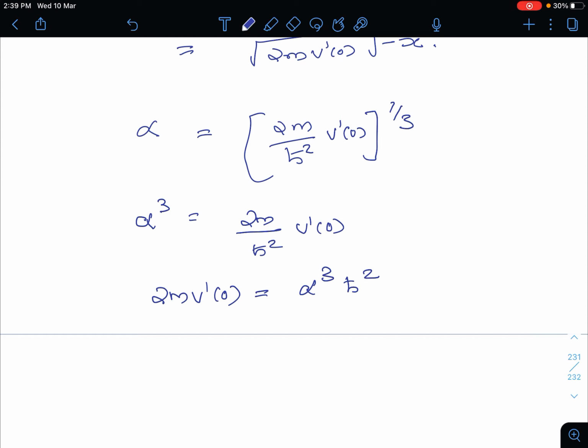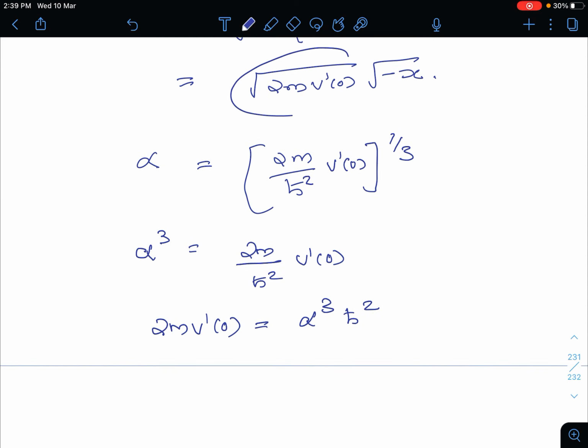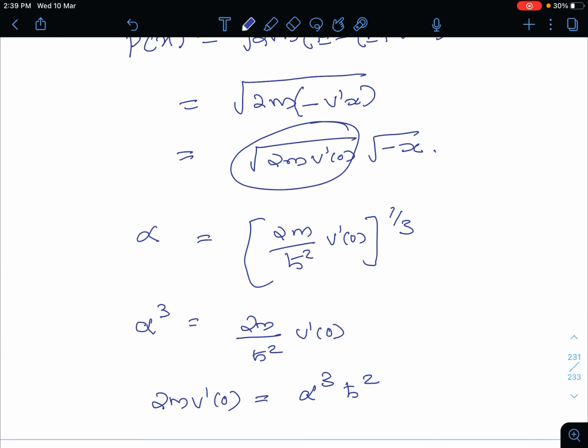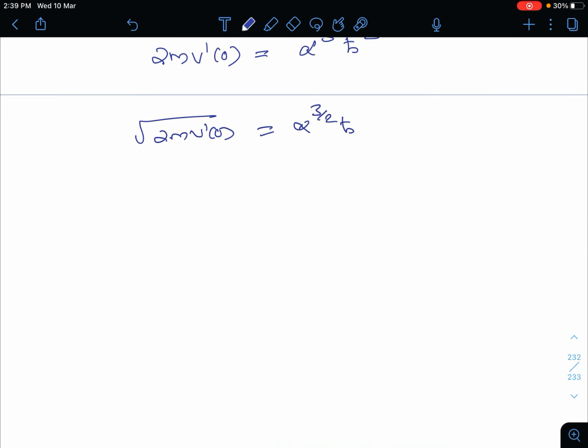Root of this is what we want here, yeah? So root of 2m V dash of 0 is equal to alpha raised to 3 by 2 h cross. So put that back into this equation. So p of x is now equal to h cross alpha raised to 3 by 2 root of minus x. Good. So we got the p of x.